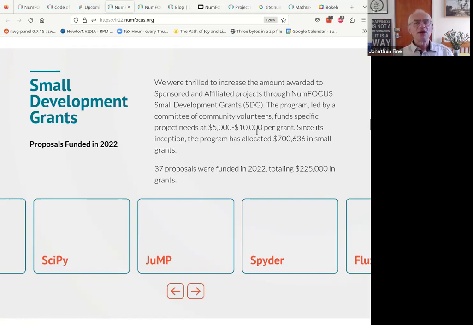And £5,000 to £10,000 is, from the point of view of the TeX Users Group, a medium or large grant. I think they generally grant $1,000, $2,000, $3,000. So this is quite interesting, and I'll just let you see some of these things.